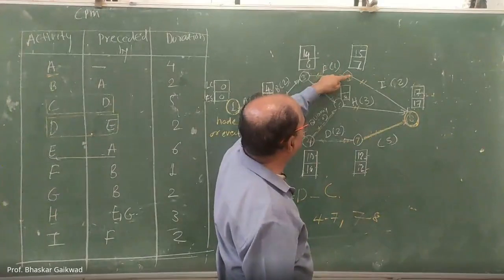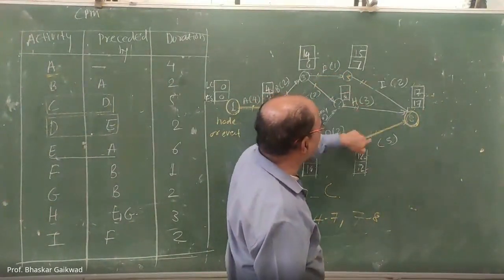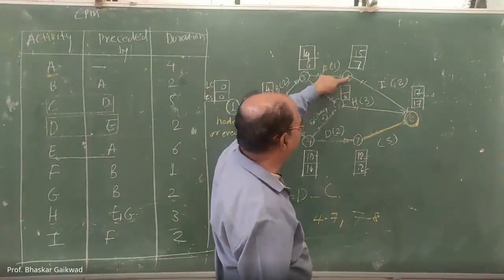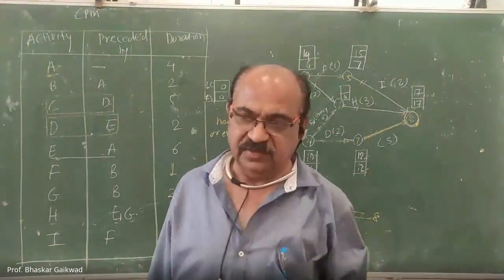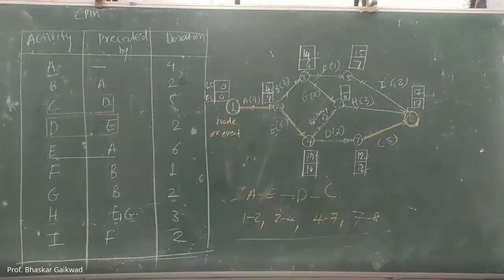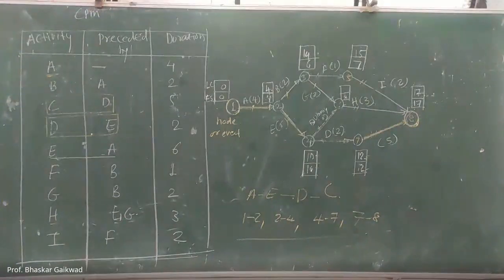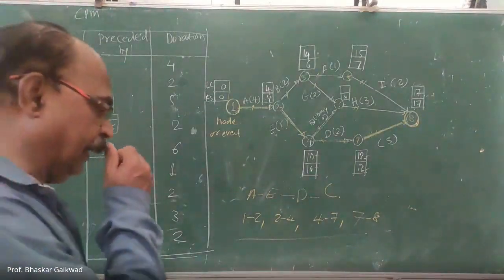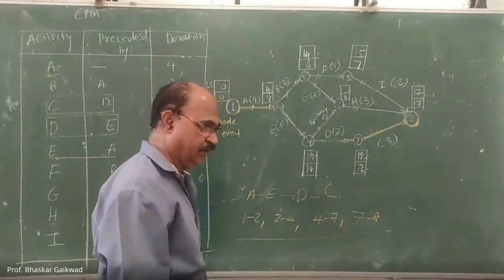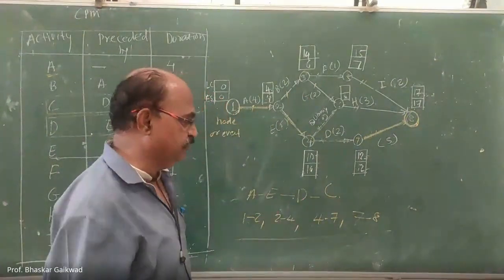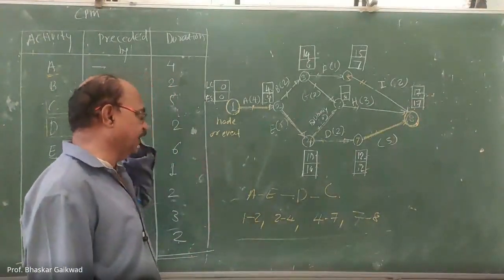After that, which activity is remaining? 1, 2, and 3. So here you can take this as 5, 6, 7, and the last one is 8. So this is the fulcrum rule. Only for the initial starting of the activity you have to give the number, and after that the remaining part you have to cut out. Every time you have to suppose a new node and give the number.